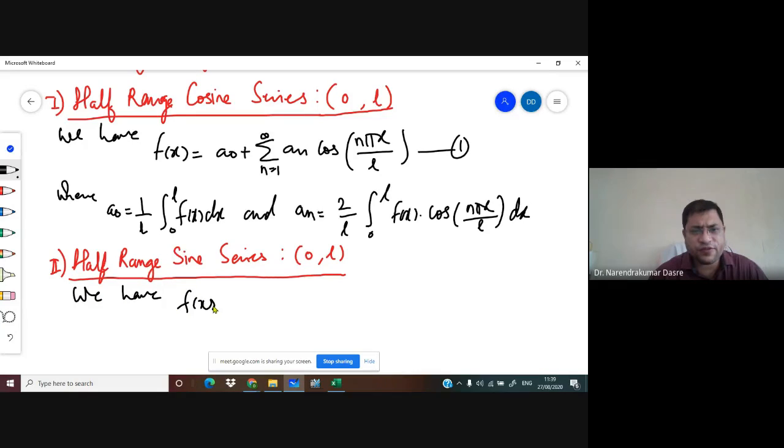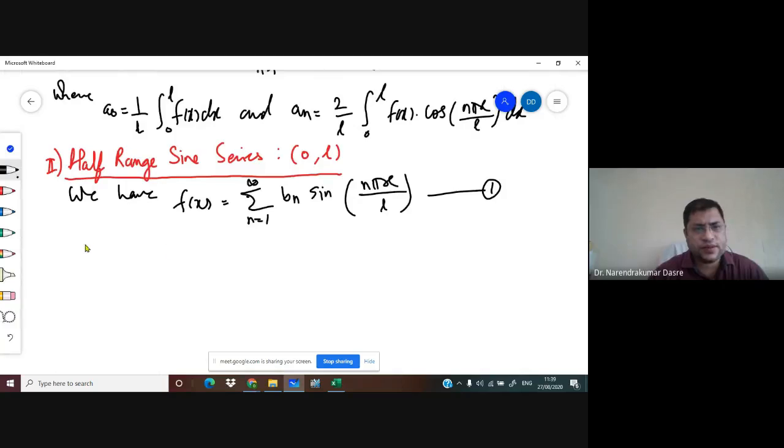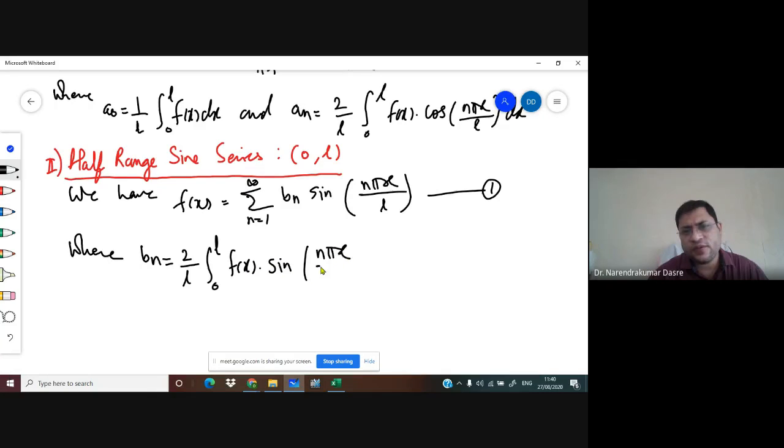We have f of x is equal to summation n running from 1 to infinity, as it is only a sine series, bn sine of n pi x by L. This is equation 1, where bn is equal to 2 by L integral 0 to L f of x sine of n pi x by L dx.